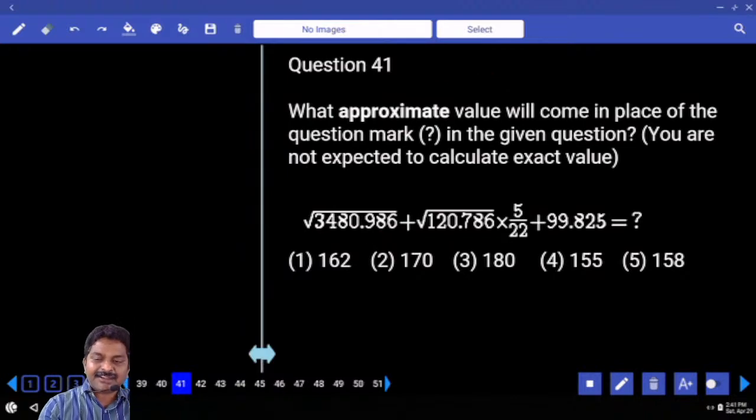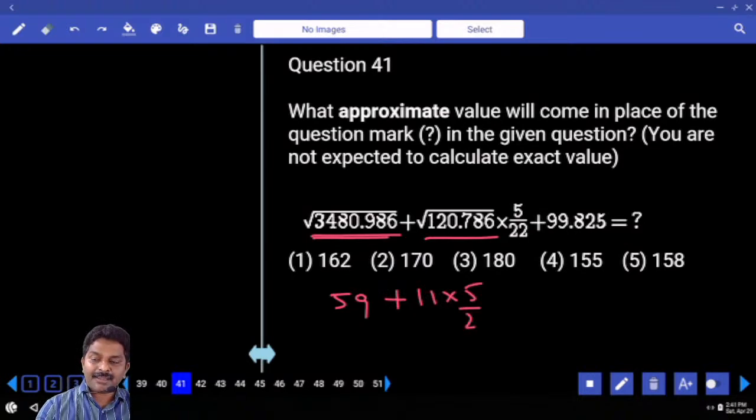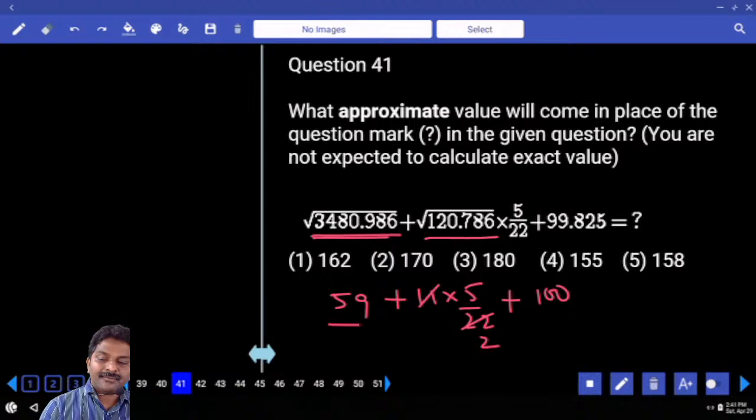So can I treat it as 59 or so? Come on. Right. Square root of 121 is 11. 11 times 5 by 2 is 2.5, plus 59, approximately 62, plus 100. 162.